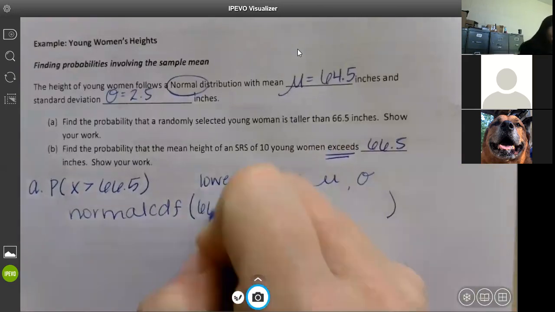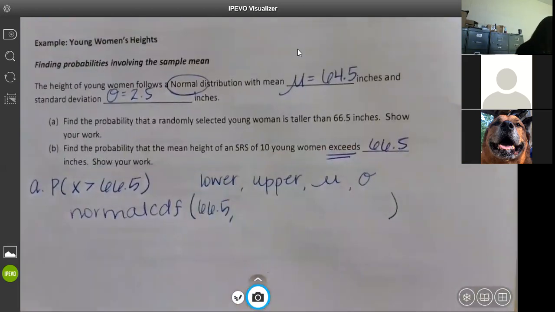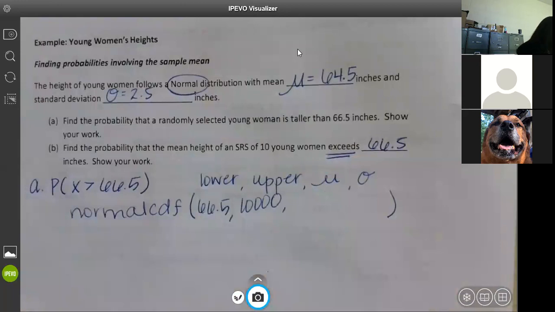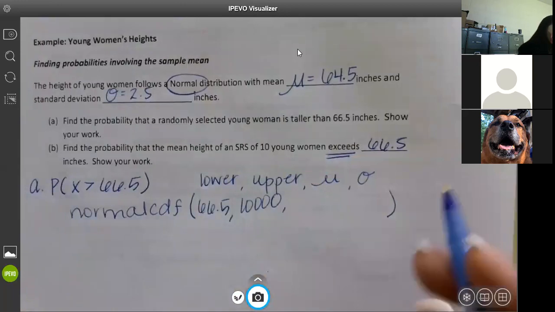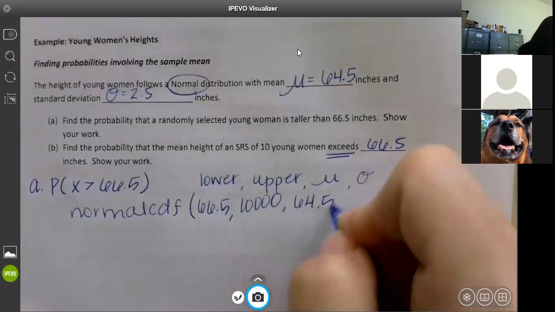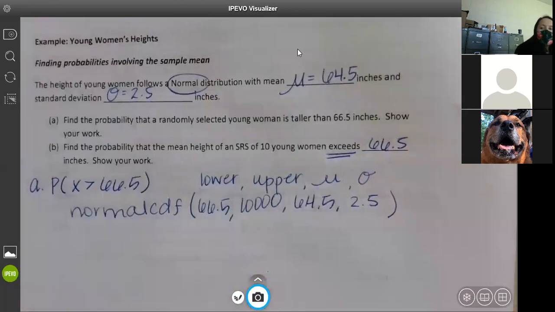So what would your lower be? 66.5. We want bigger than 66.5, so the lowest we can go is 66.5. What's our upper going to be? A big number, because it doesn't define an upper. Our mean was 64.5, and our standard deviation was 2.5. Where do we go in our calculator to do that?